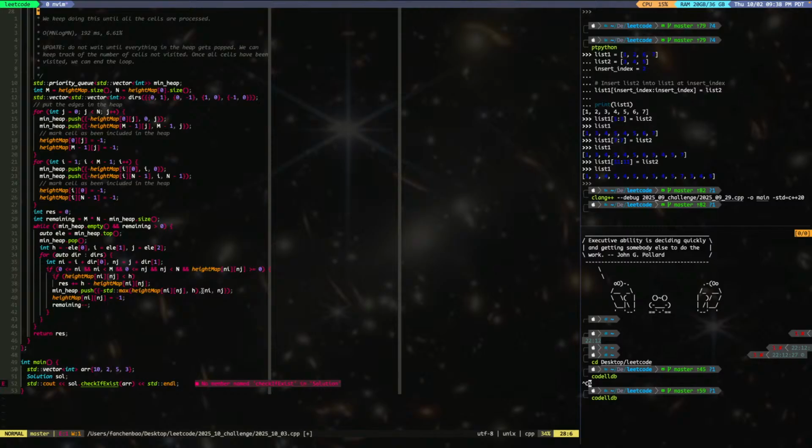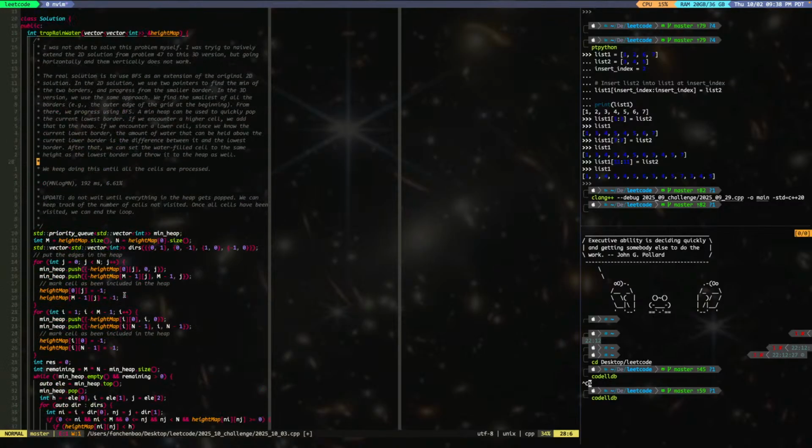Maximum of h, and... we don't have to do the maximum because we know this one's smaller. Well, it's smaller if it's not, right? If it's bigger, then we will just push it in. So it's the maximum. So push it in, and then set as visited, remaining this, and then we go. Okay. Yep.